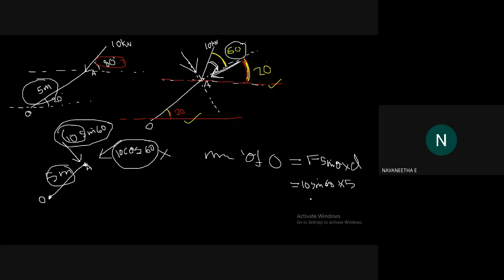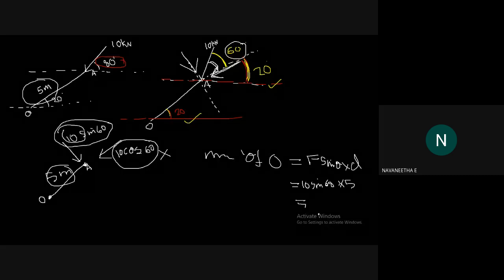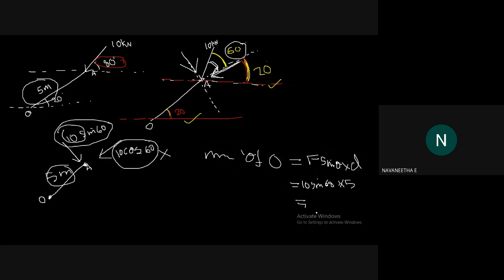So what is the value? 10 sine 60 into 5. 43.3.